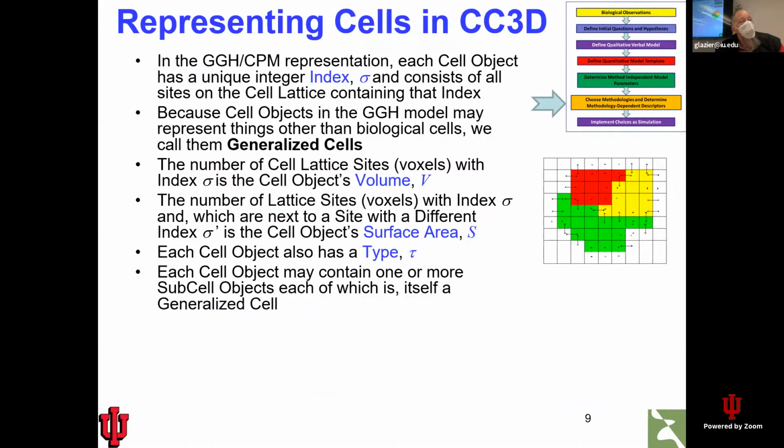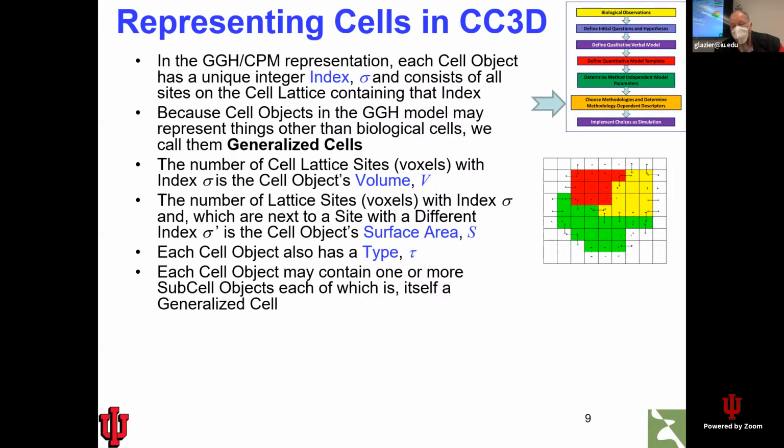So this is really just a summary of that. By default, cells have a volume. They have a surface area associated with them. It has a type, which we could think of as a cell type, although we can use it more generically to denote any kind of classification. We often call these things generalized cells because they really represent volumes of material. That volume of material could represent a real biological cell.